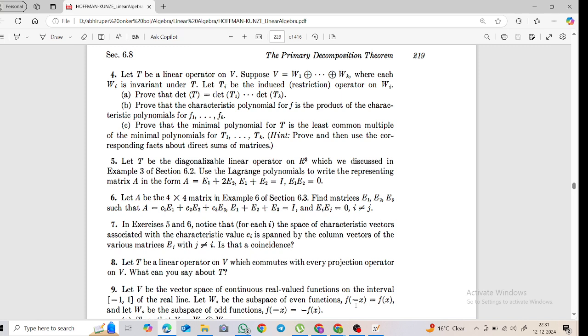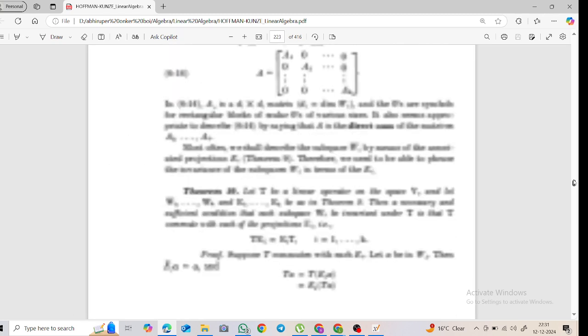Use Lagrange's polynomial to write the representing matrix A in the form... So how to do it? First let's see what T is. Section 6.2, long way back.